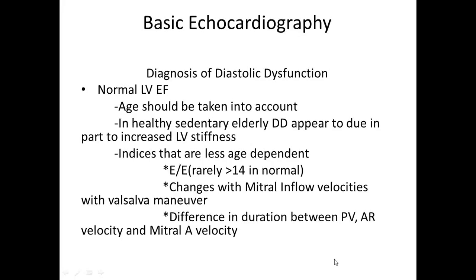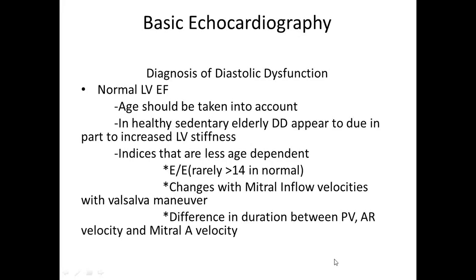So there are 4 parameters that you're going to look at first. It is the E prime. Is the E prime less than 7 centimeters per second? The next thing you're going to look at is the E/E prime ratio.